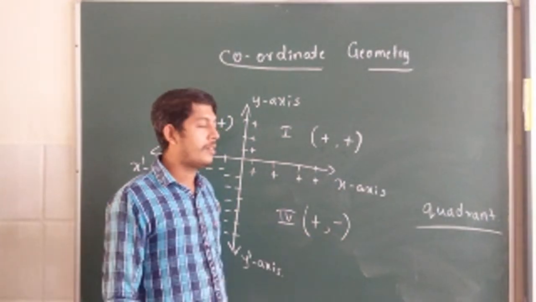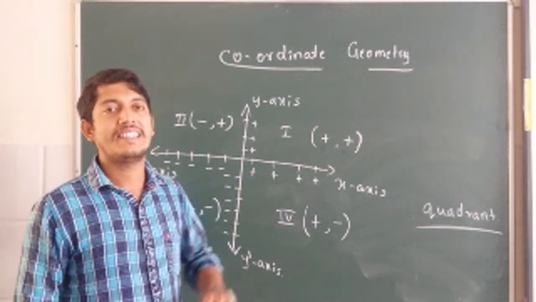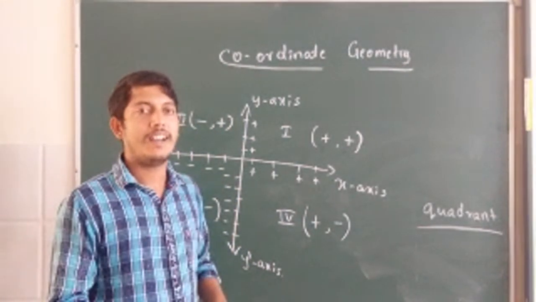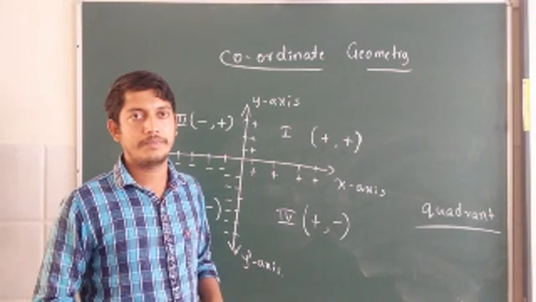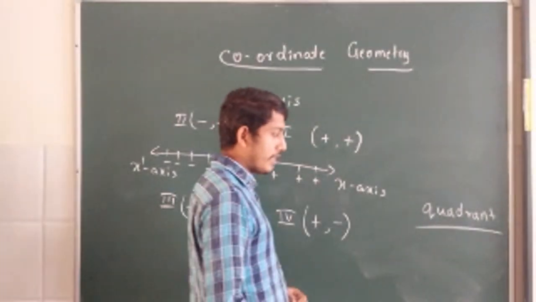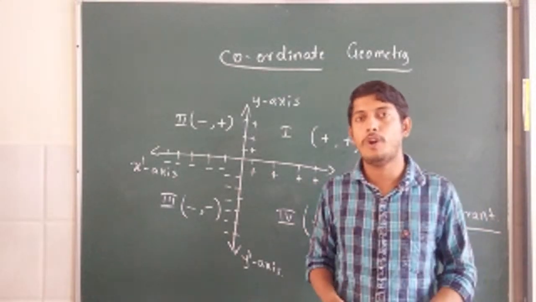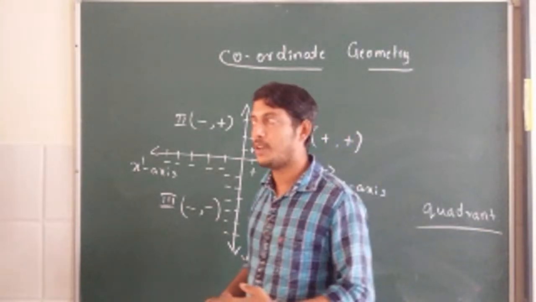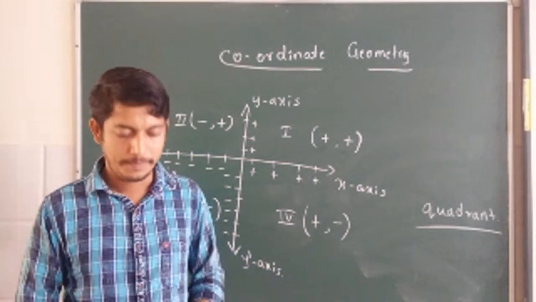And the x-axis and y-axis intersect at a particular point, and that point is called the origin, and the coordinates of the origin are 0, 0. Okay. And if a point is present on the x-axis, then the coordinates are x, 0. If the point is present on the y-axis, then we represent the coordinates as 0, y.